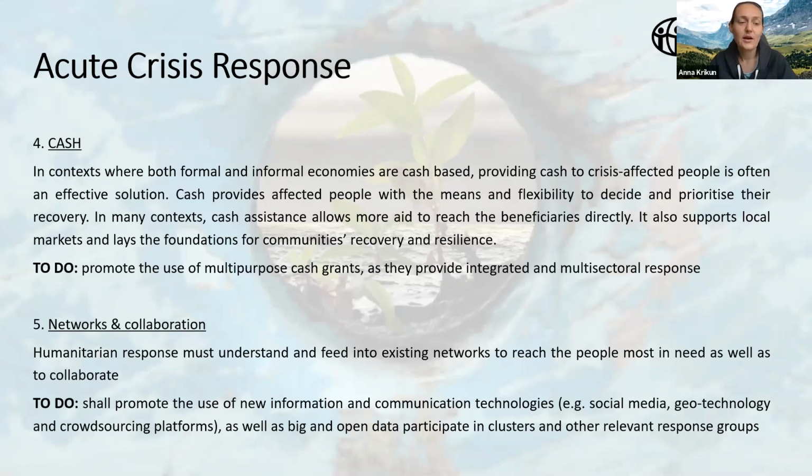So an important aspect of resilience in the humanitarian response is looking for collaboration, working together on different levels, through the technical resources and platforms, as well as through participation in all the clusters and through work with the different types of stakeholders. The next one.